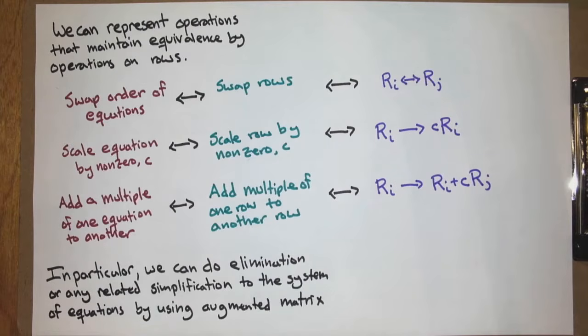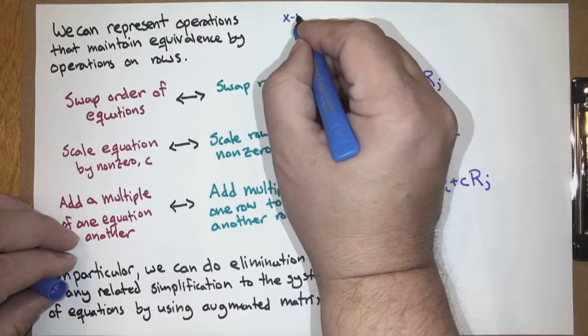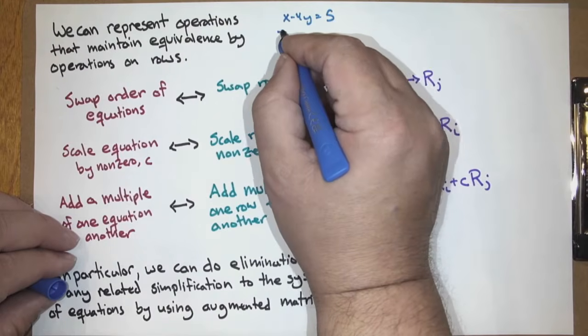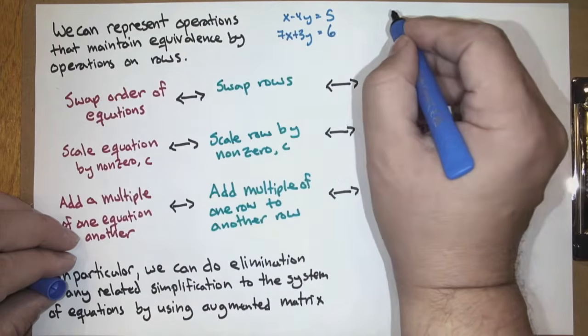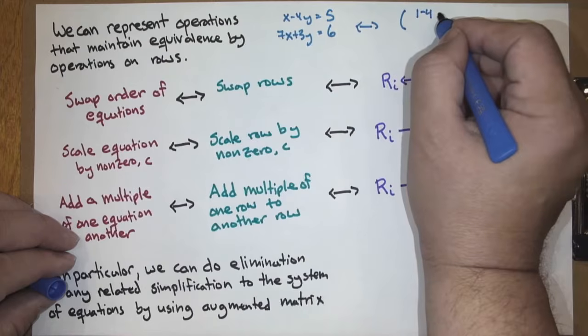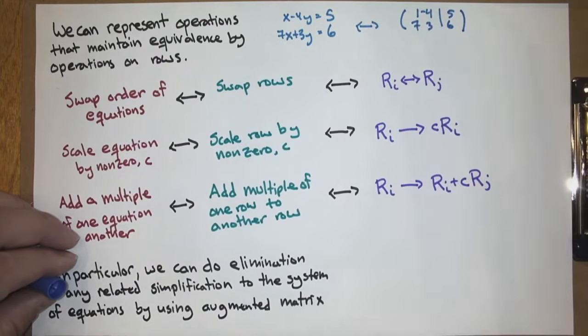So let's go ahead and remind ourselves. We had our x minus 4y equals 5, and 7x plus 3y equals 6. I'm just copying this from the last page, and this is our augmented matrix: 1, negative 4, 5, 7, 3, 6.